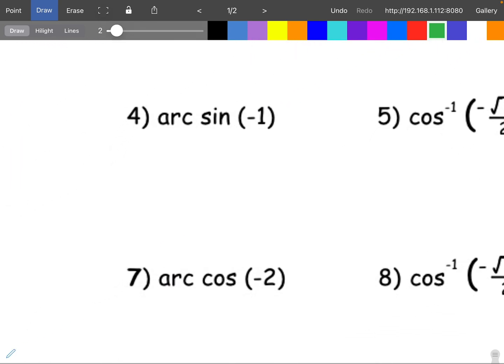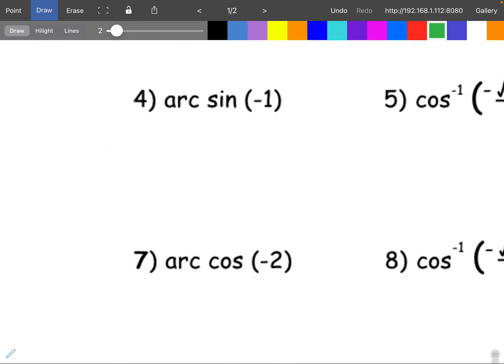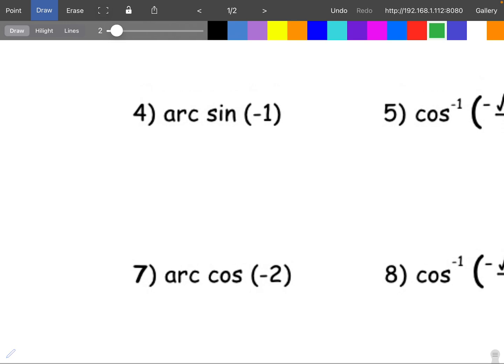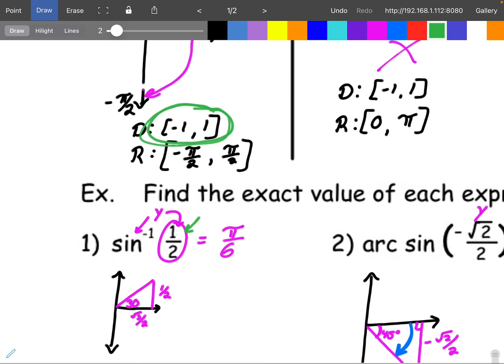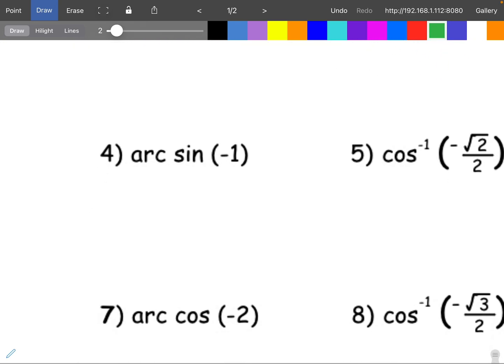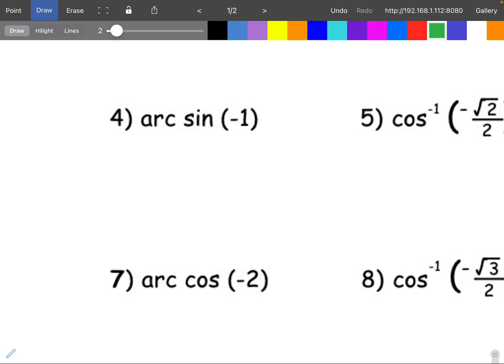Okay, so let's look at one more sine function, and then we'll move on to cosine. All right, so arcsine, or inverse sine, same thing, of -1. Well, first thing, is that within our domain? Yes, because our domain can be anywhere from -1 to +1, including -1 and +1.